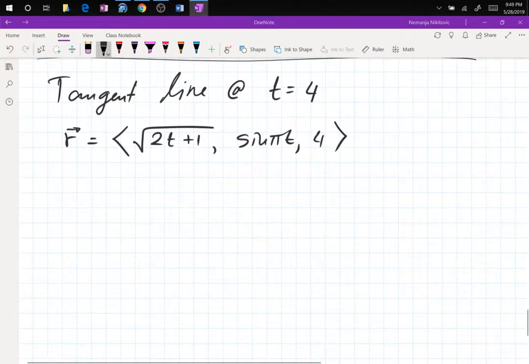So find the tangent vector, right? That's your v. Plug in 4 over here to get your point. Put all that stuff together. Does it have sine pi t? Yes. Does it make sense? Yes. Okay.